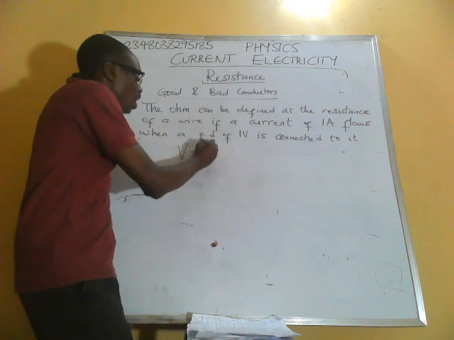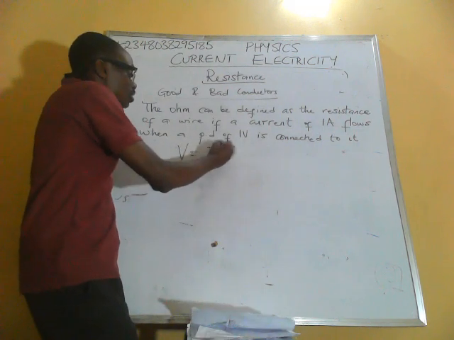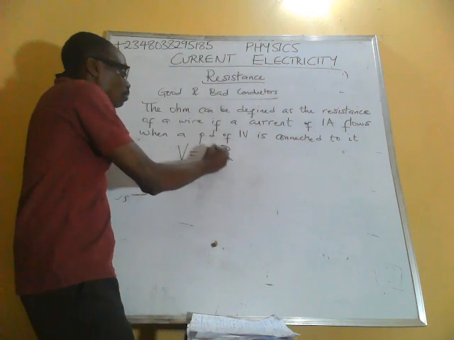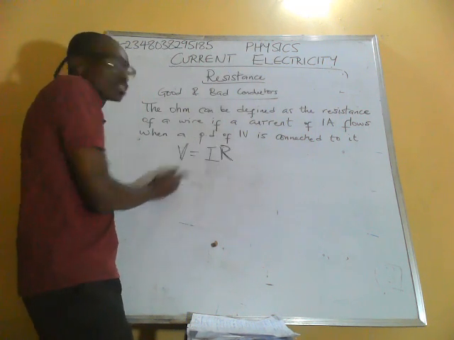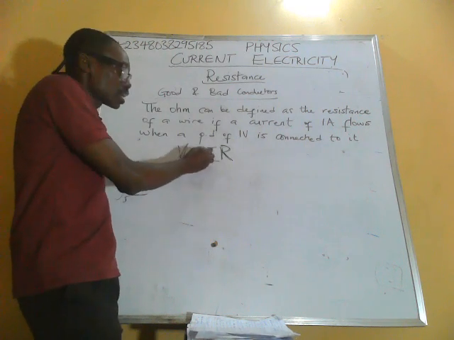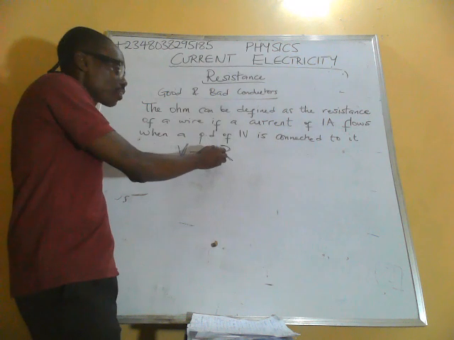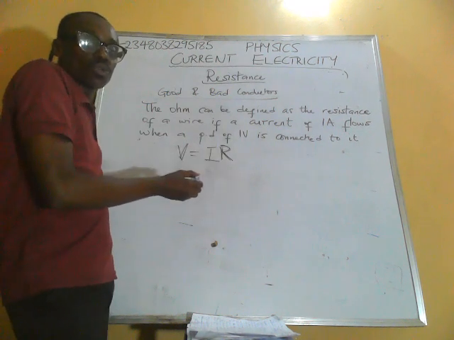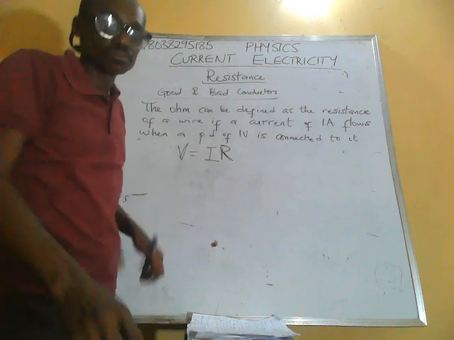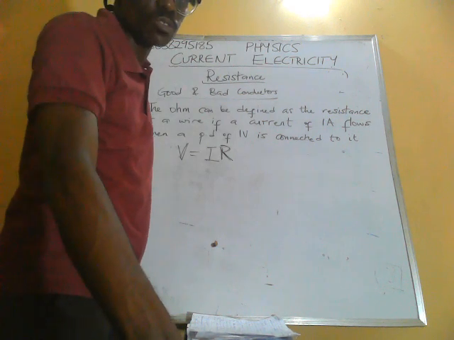V is equal to IR. Although we're going to look at it in detail later on, I just want to introduce it. V is equal to IR. V is the potential difference, I is the current, R is the resistance. So right now we're going to look at conductance, not resistance.